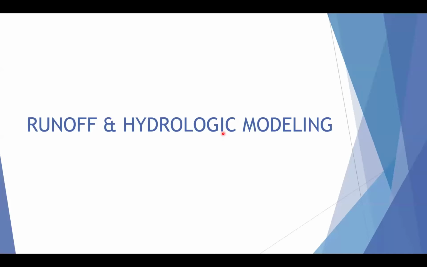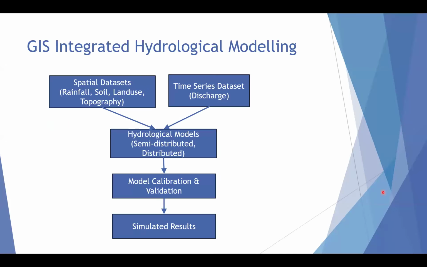Okay, now moving on to hydrologic modeling, right? Generally, for any hydrological modeling purpose we require spatial data sets like rainfall, soil, land use, topography, and then time series data. Time series data sets, we can say discharge.